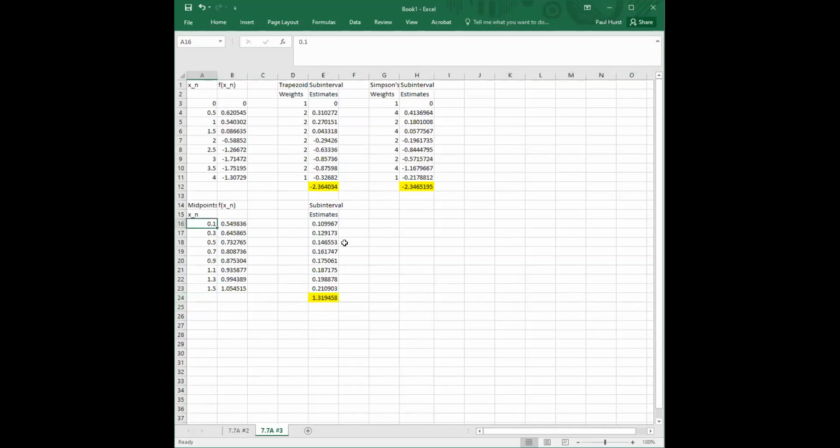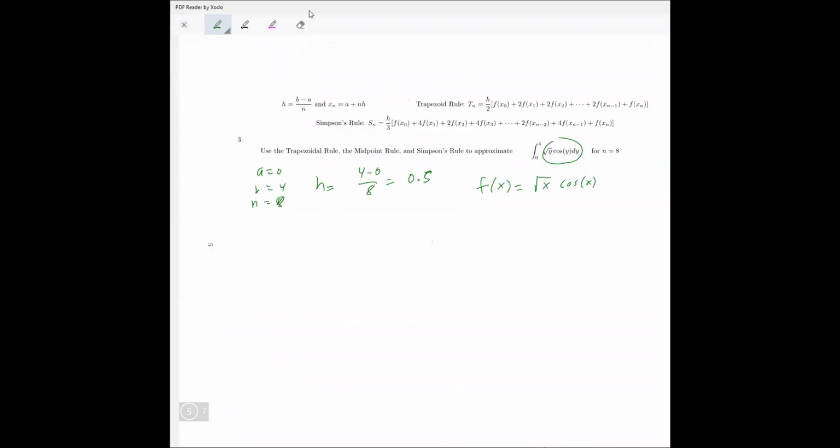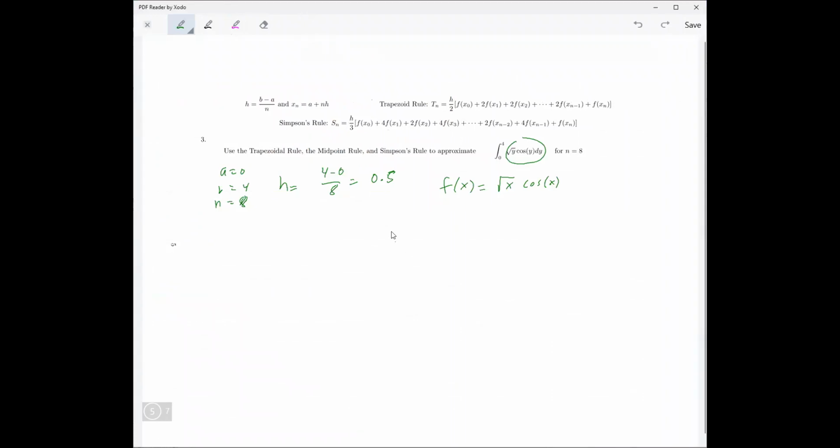For Midpoint Rule, let me think. Okay, so I come back over to here. For the trapezoid and the Simpson's rule, we use 0, 0.5, and so on. For the midpoint rule, we're going to use the midpoints of those intervals.